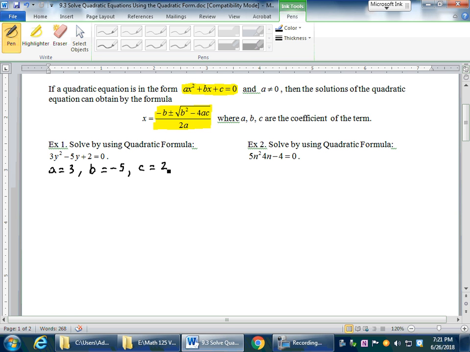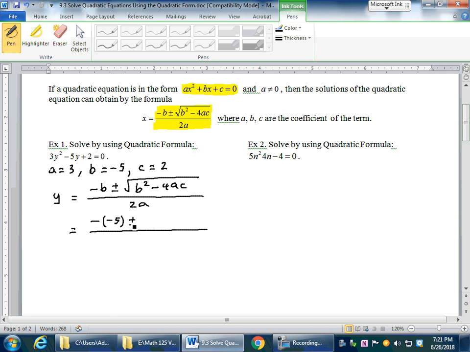Using the quadratic formula, the solution for my variable y will be equal to minus b plus or minus the square root of b squared minus 4ac, all over 2a, which is minus negative 5 plus or minus the square root of negative 5 squared minus 4 times a times c, all over 2a.